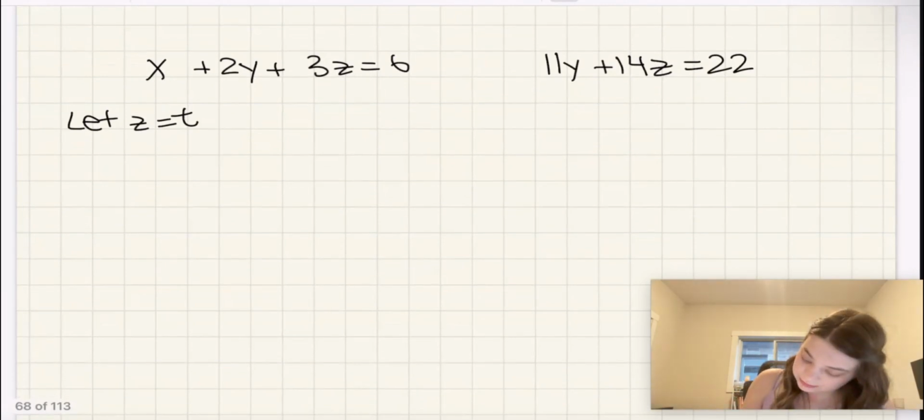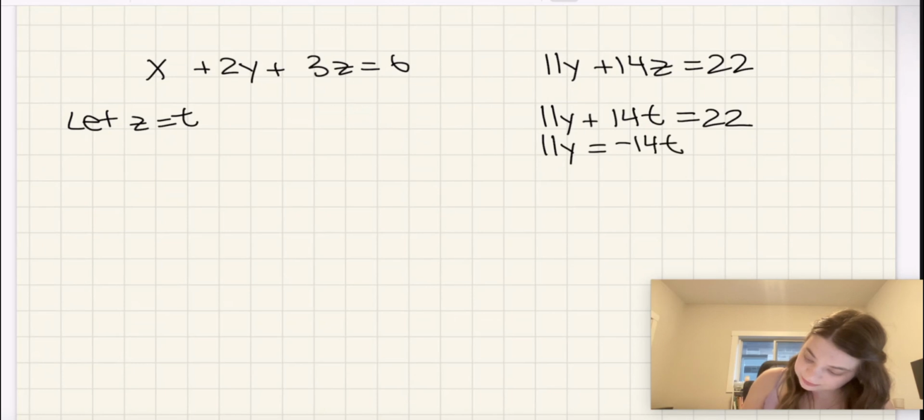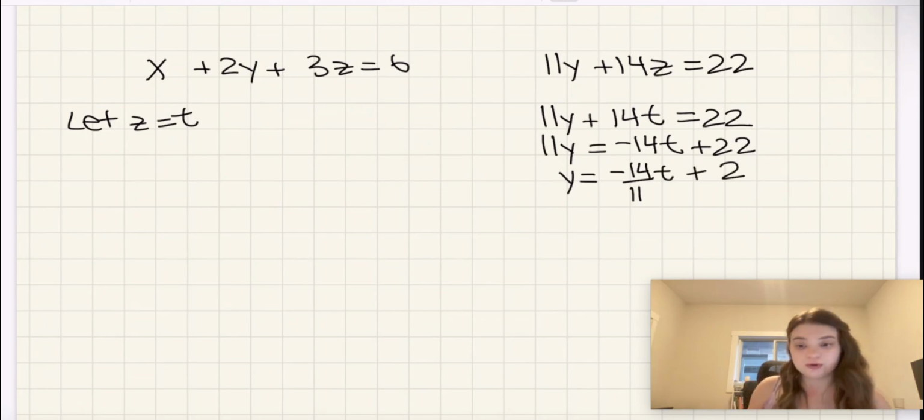So for this first one, we have 11y plus 14t is equal to 22. That means 11y is equal to negative 14t plus 22. And then if we divide both by 11, we get that y is equal to negative 14 over 11 t plus 22 over 11, which is just 2.